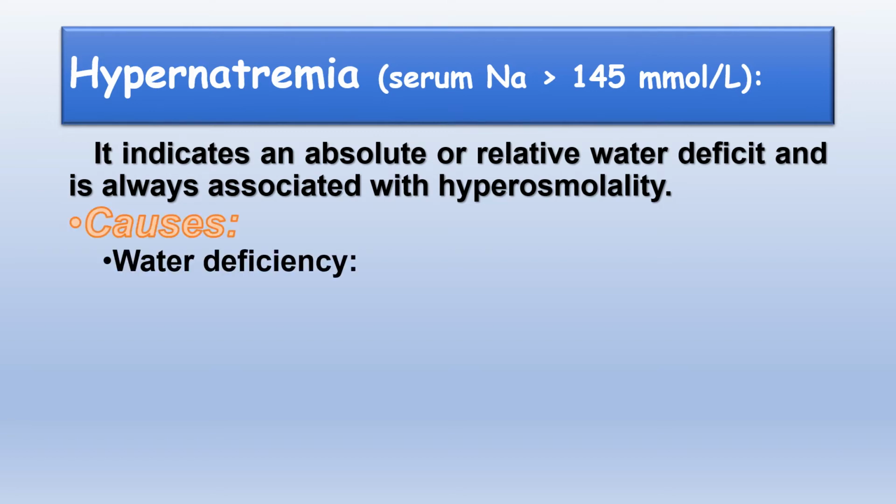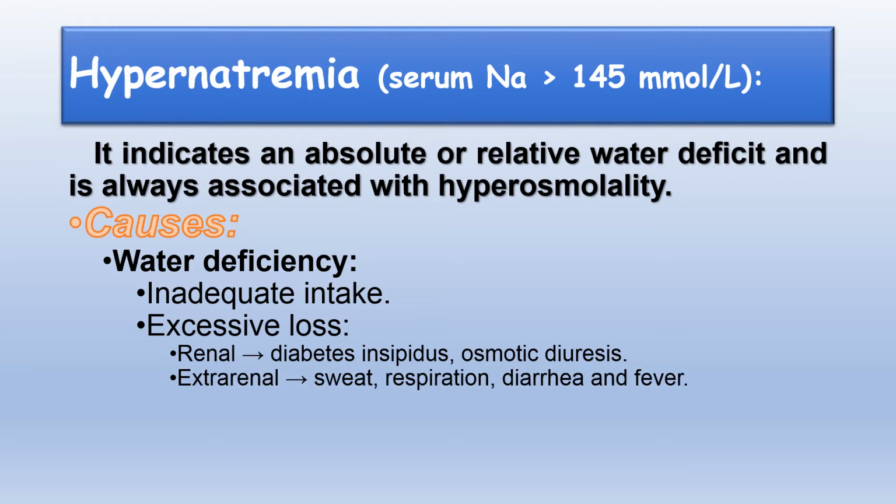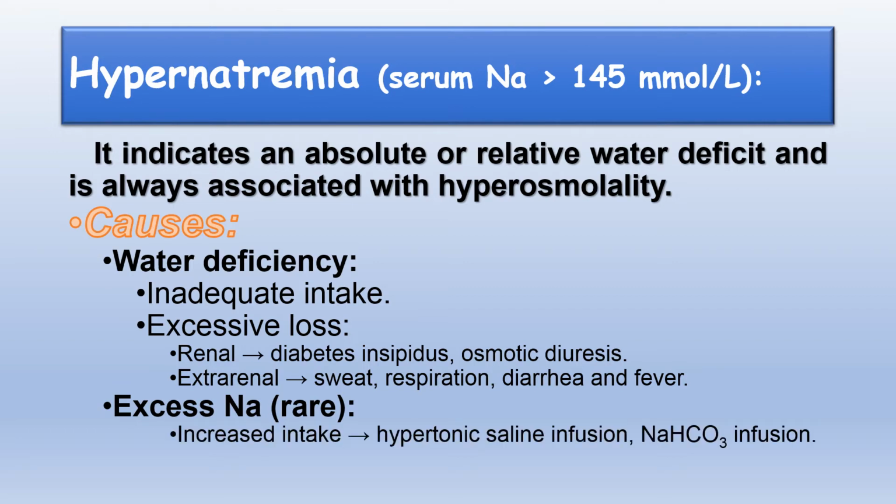Causes: water deficit, inadequate intake, excess loss, for example, renal, diabetes insipidus and osmotic diuresis, extrarenal, for example, sweat, respiration, diarrhea, and fever. Excess sodium, which is rare: increased intake, hypertonic saline infusion or sodium bicarbonate infusion, inadequate excretion, for example, renal failure.